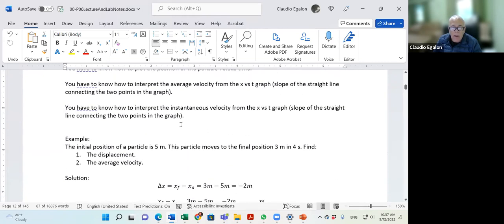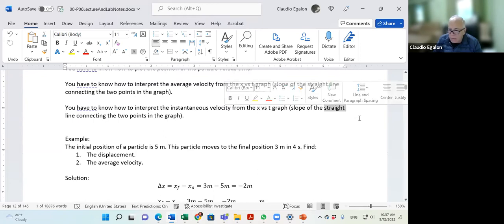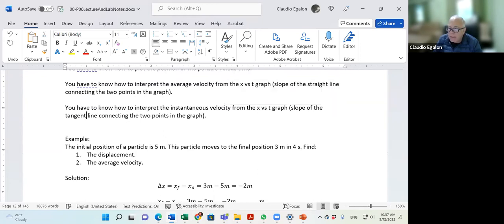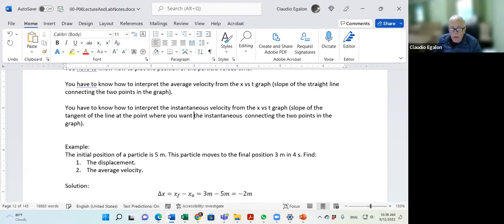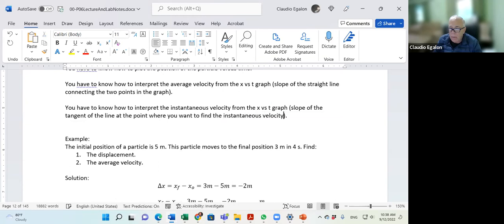You have to know how to interpret instantaneous velocity from the x versus t graph. It is the slope, not of the straight line, but the slope of the tangent of the line at the point where you want to find the instantaneous velocity. All right.